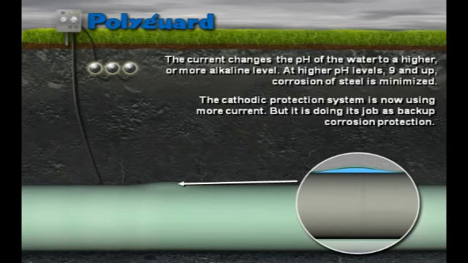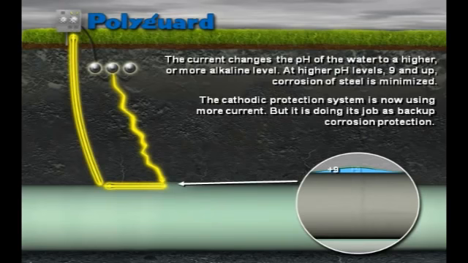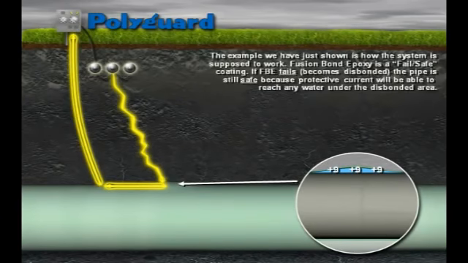The cathodic protection system is now using more current, but it is doing its job as backup corrosion protection. The example we have just shown is how the system is supposed to work. Fusion bond epoxy is a fail-safe coating. If fusion bond epoxy fails, becomes disbonded, the pipe is still safe because protective current will be able to reach any water under the disbonded area.